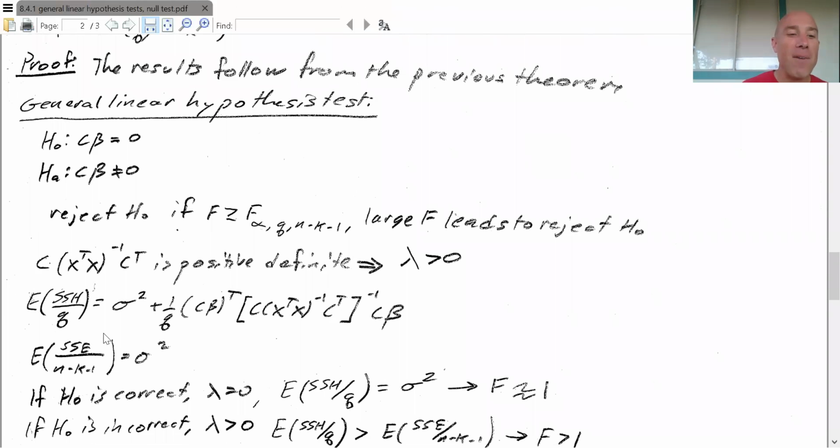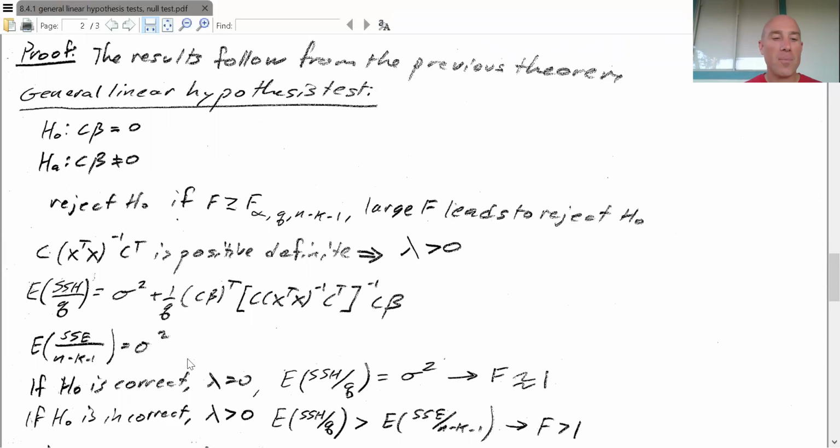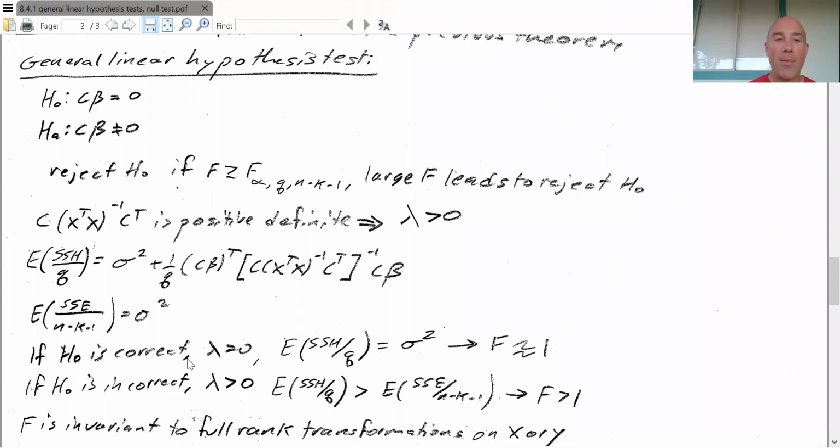All right, and now the expected value of sum of squares error over N minus K minus 1 has to be equal to sigma squared. If I think about the fraction on top over the fraction on the bottom, I've got all this extra stuff on top of sigma squared.